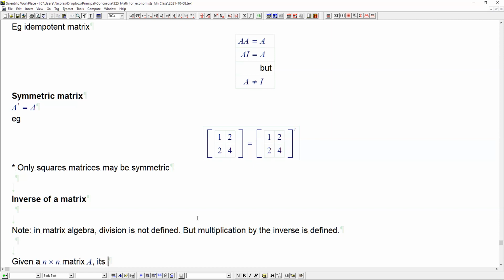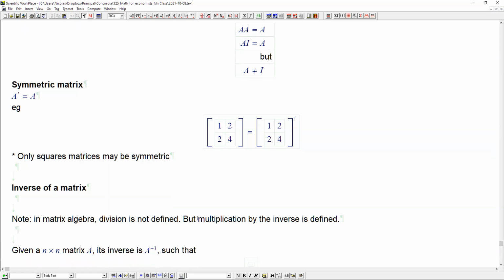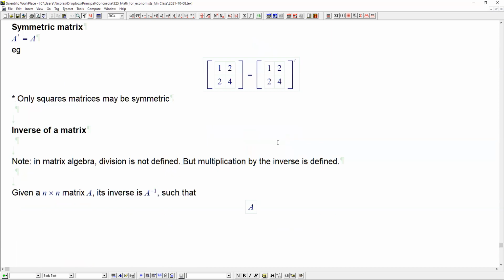Its inverse is A minus 1, such that A times A minus 1 equals A minus 1 times A equals the identity matrix.